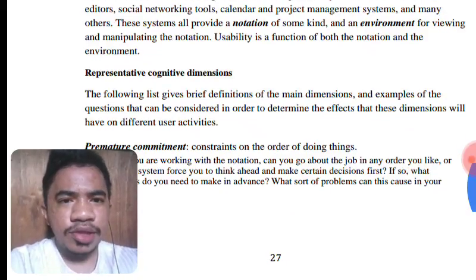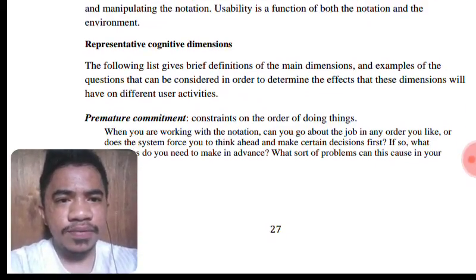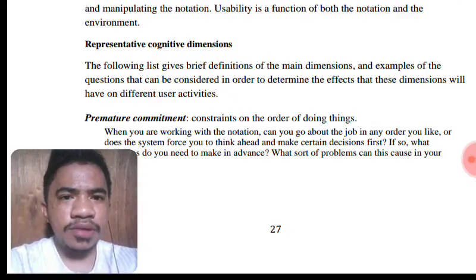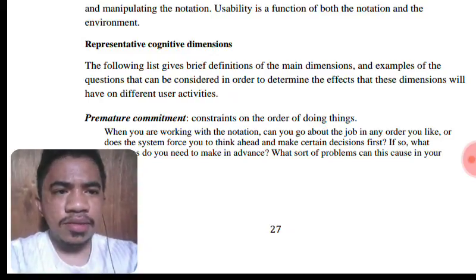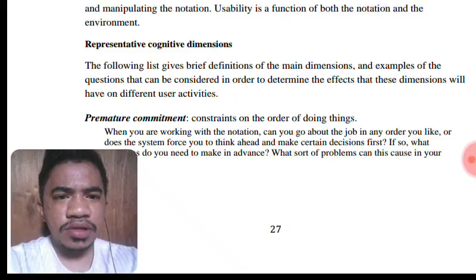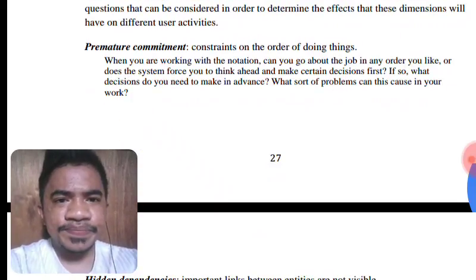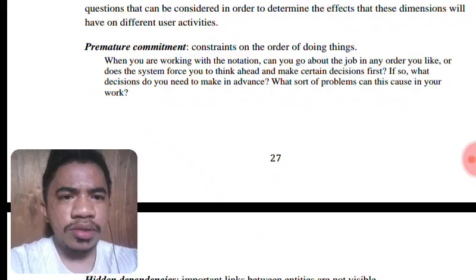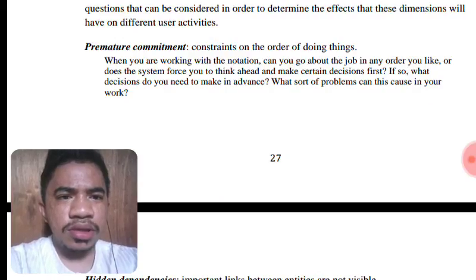Representative cognitive dimensions. The following list gives a brief definition of each dimension, and an example of the questions that can be considered in order to determine the effect that this dimension will have on different user activities. Premature commitment, constraint on the order of doing things.